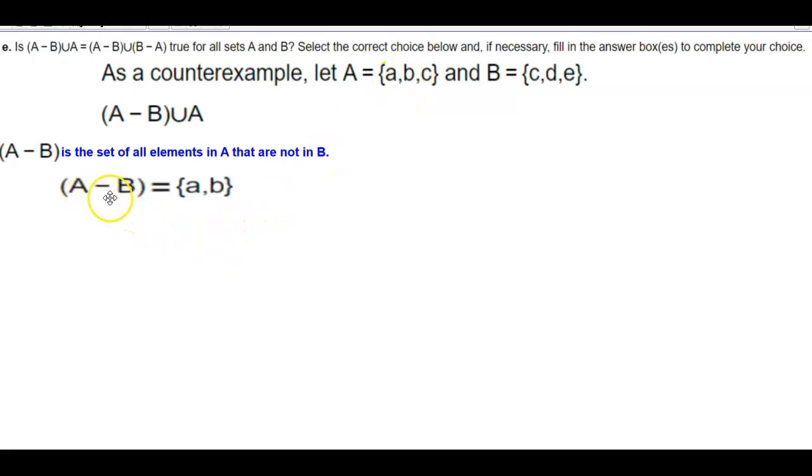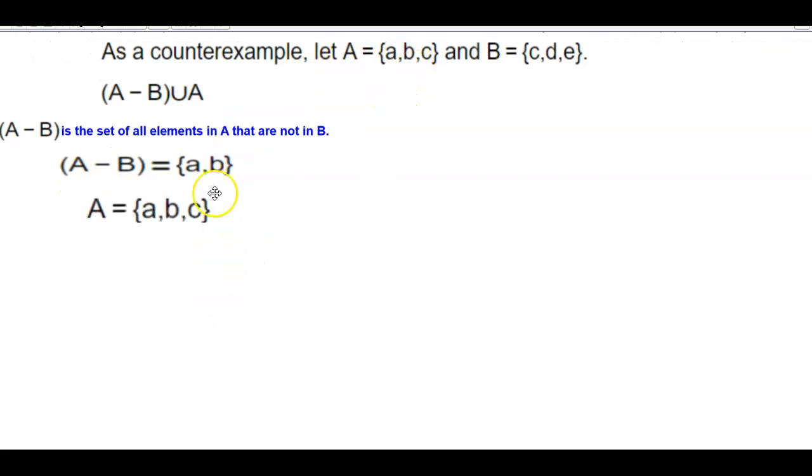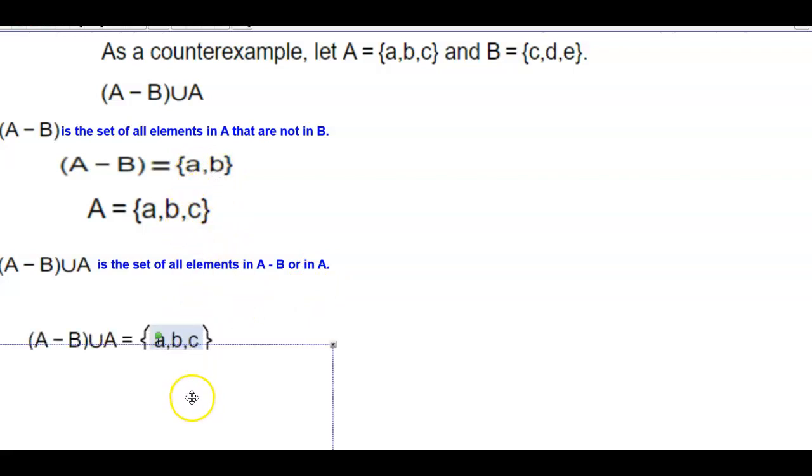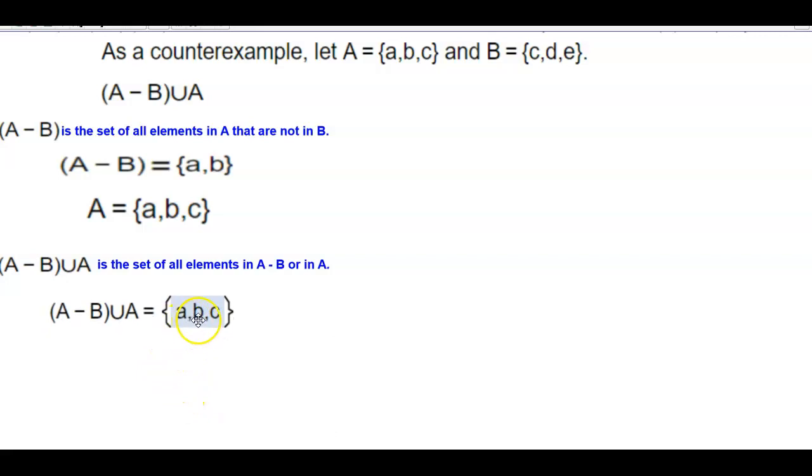So the set difference from A to B is going to equal the elements a, b. Now we also need to take a look at set A. Well, set A is a, b, and c. And so now what does this stand for? Well, this is saying that it is the set of all elements that are in the set difference of A to B or in set A. Well, if you notice, they have a, b, and c, so therefore all of those are going to equal a, b, and c.